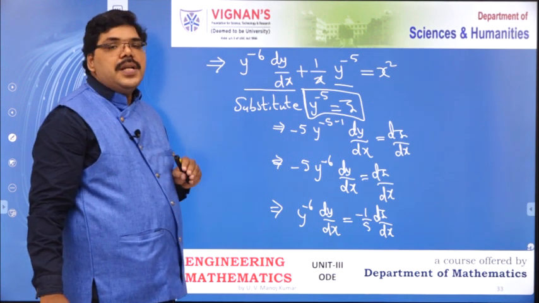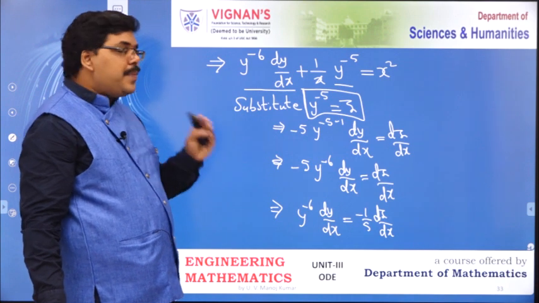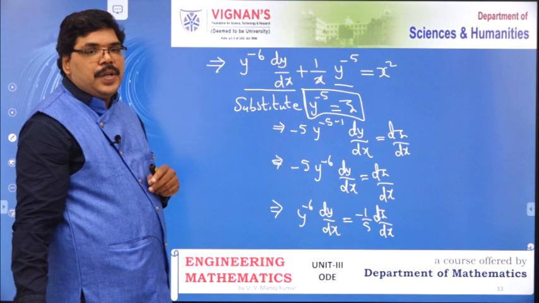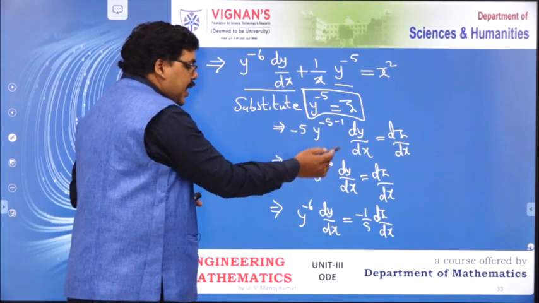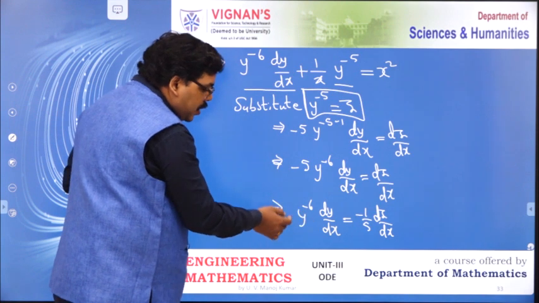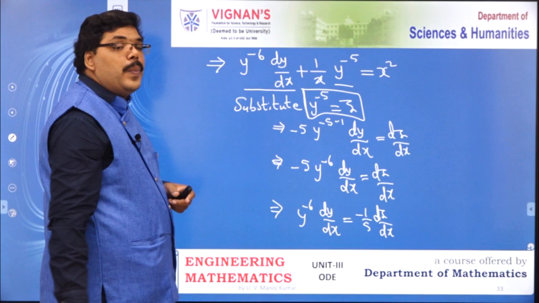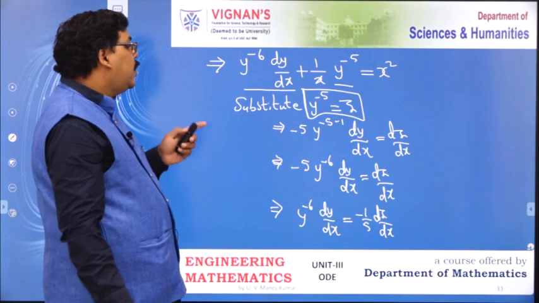In the given differential equation, I am changing the dependent variable. I am substituting y power minus 5 as z. When I substitute this and differentiate on both sides, I will get this relation: y power minus 6 into dy by dx equals to minus 1 by 5 dz by dx. So what to remember?